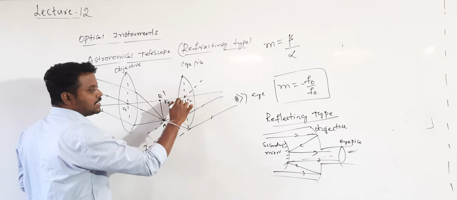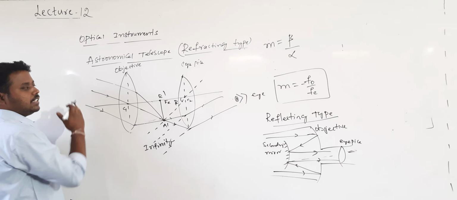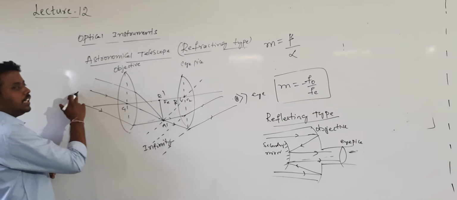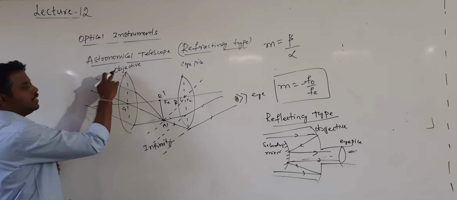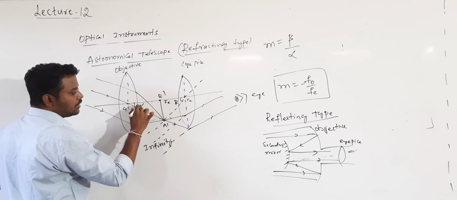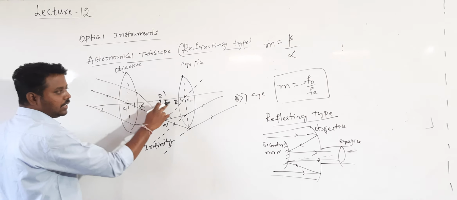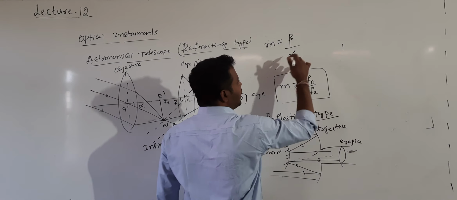Can I call the angle subtended by the image beta? Since the object is at infinity, the angle made by the object at the eyepiece and the angle made at the objective lens are both the same, so we take this value as alpha. So this is alpha and this is beta. Then magnifying power m is equal to beta divided by alpha.